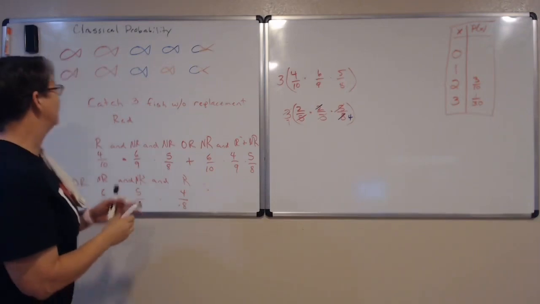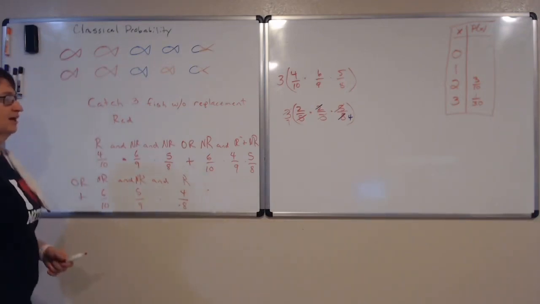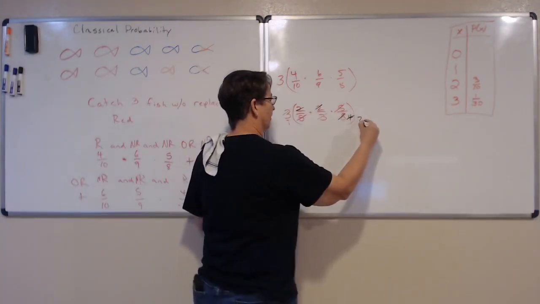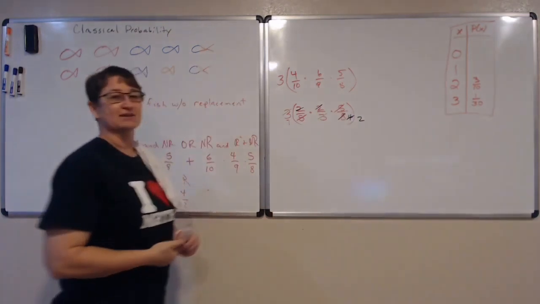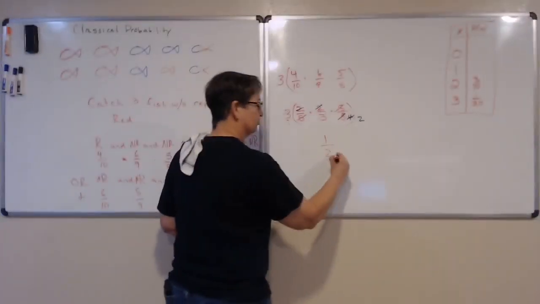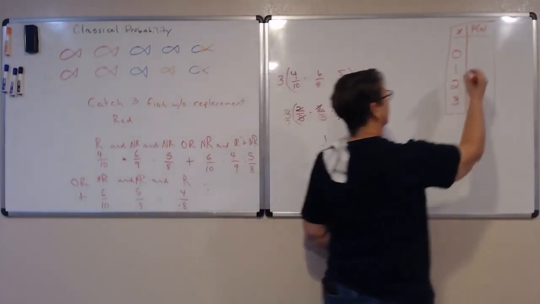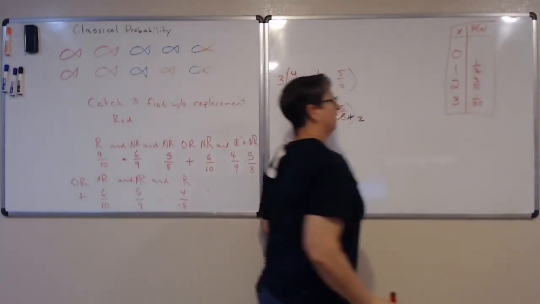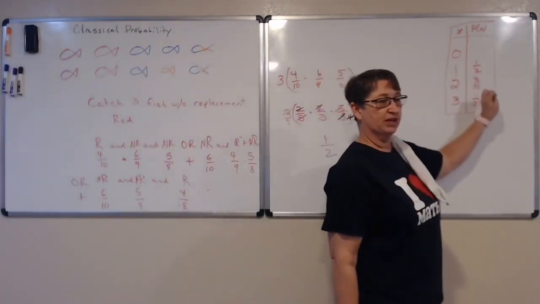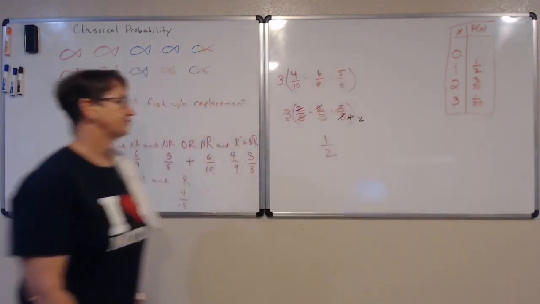Oh, and that 2 and that 4 simplify. This 2 on top and that 4 on bottom. So it looks to me like it's a half a chance. 1 on top out of 2. Is that what y'all got? 1 out of 2? We can always check ourselves with the probability distribution here at the end. Good job, guys.